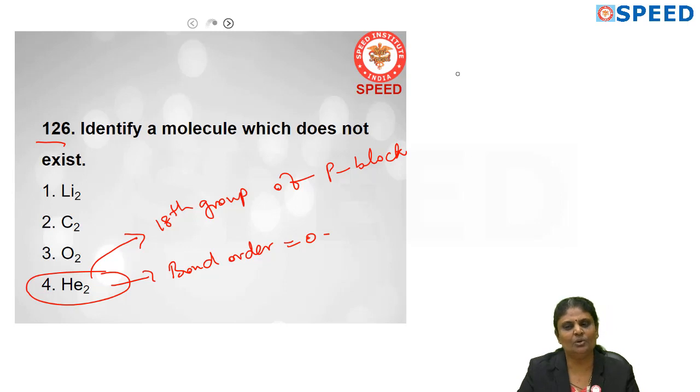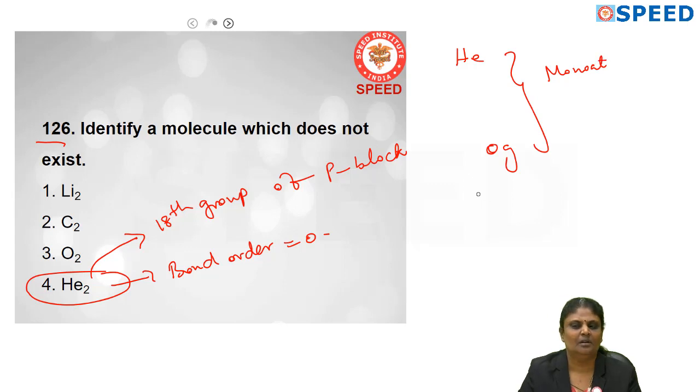The 18th group elements start from helium and end with oganesson. All are in monoatomic form only, not diatomic, because this is more stable.